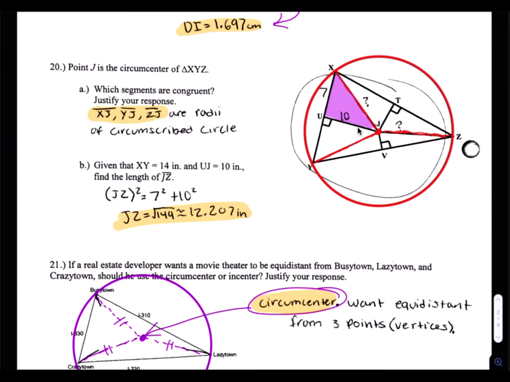It also said that UJ is 10. So we have 7 and 10, and then XJ is the hypotenuse. So we can put that into the Pythagorean theorem. So JZ squared plus 7 squared equals 10 squared, and it ends up being that JZ is 12.2.